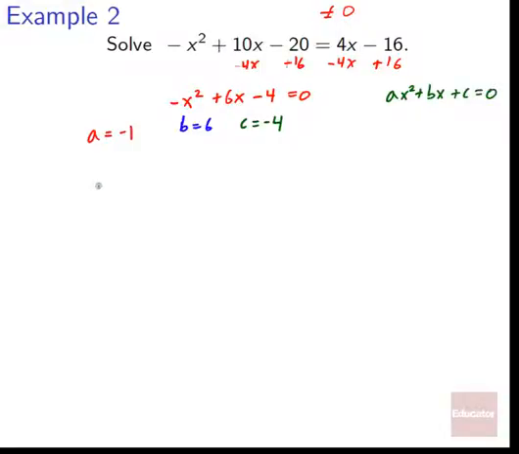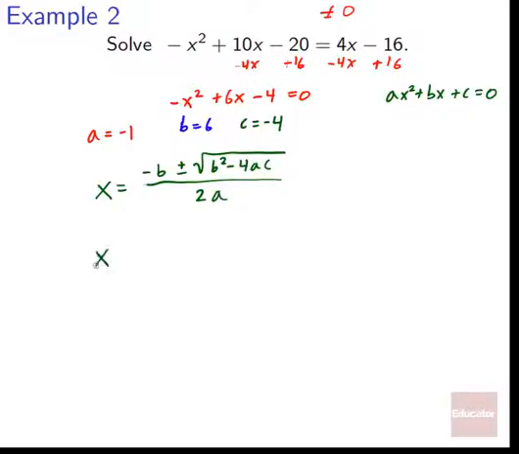What is our formula? The roots are going to be x equals negative b plus or minus square root of b squared minus 4ac all over 2a. All right, so we start plugging into that.